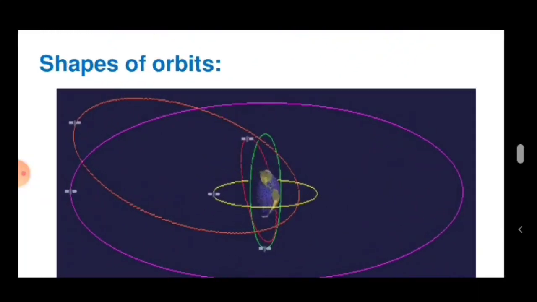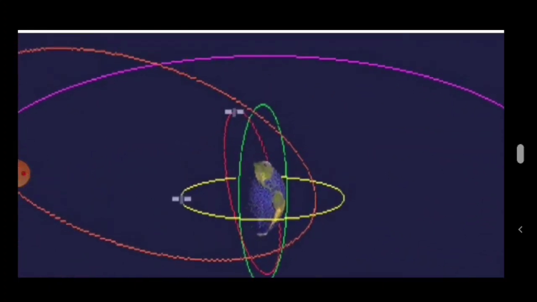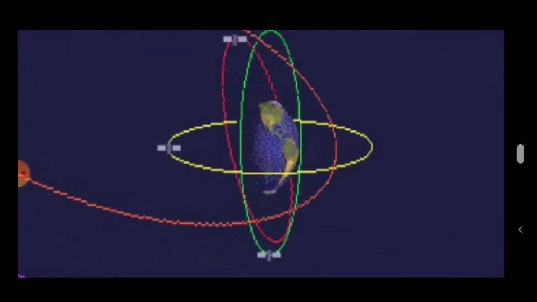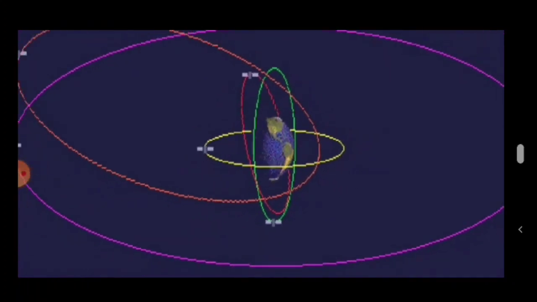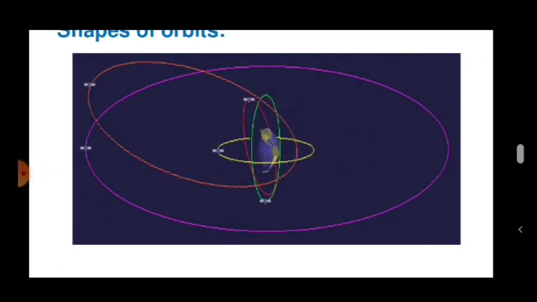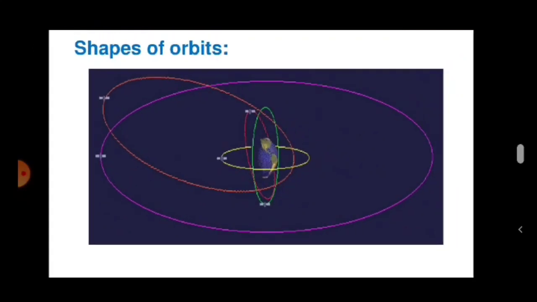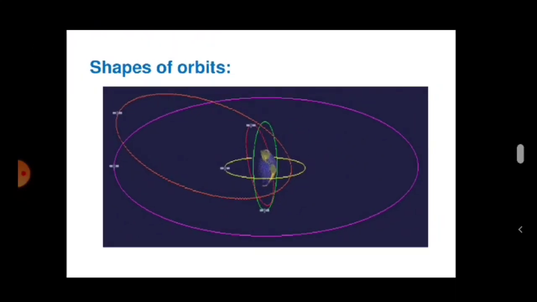So here you can see sun synchronized orbits in green color and red color covering the poles, and also in purple and red, the geostationary and geosynchronized orbits.